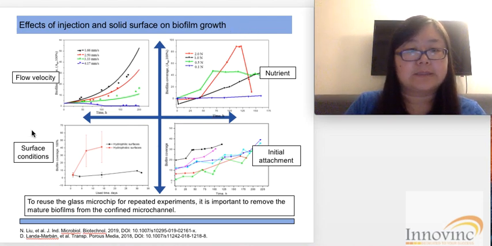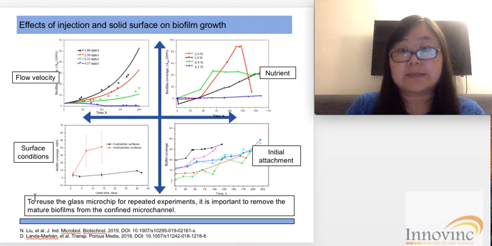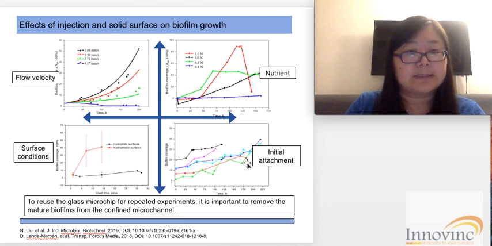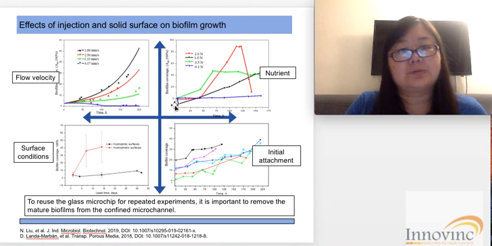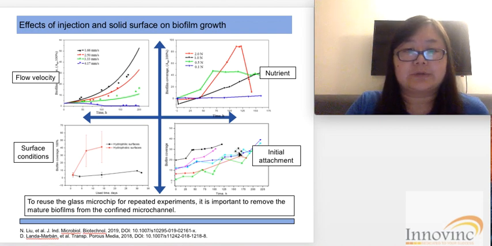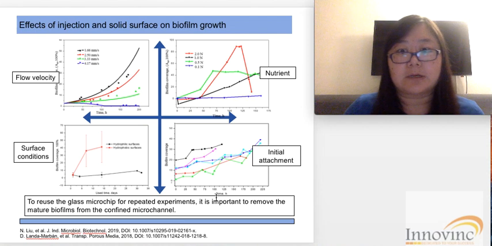We also study surface conditions like wettability, and how the initial attachment influences further biofilm development. From these studies, two papers have been published, and another two are waiting to be published. But for all the experiments, we need a lot of data and repeat experiments to confirm our conclusions.